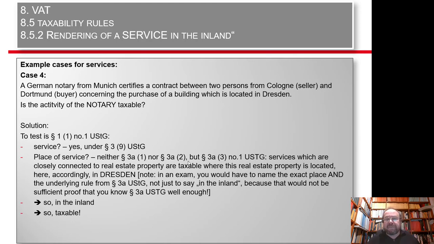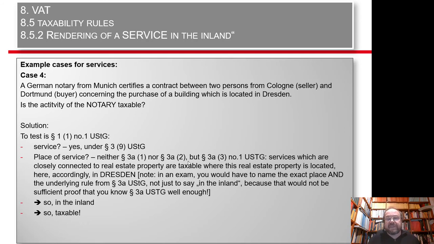By the way, if you have to deal with a case, any task, where a place of supply of a good or of a service is important, you always have to name the place as exactly as you can. So it would not be sufficient to answer in the inland here, because then people would find out you did not know the exact place, you just guessed.